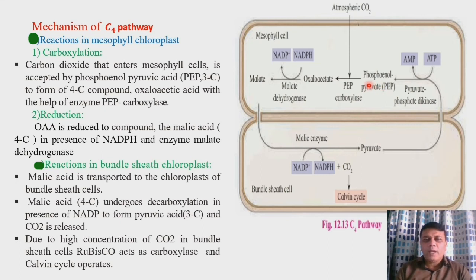So on acceptance of atmospheric carbon dioxide by phosphoenol pyruvic acid in presence of enzyme, that is PEP carboxylase, a 4 carbon compound, that is oxaloacetate, or oxaloacetic acid, is formed, and it contains 4 carbon atoms, and it is the first stable product.